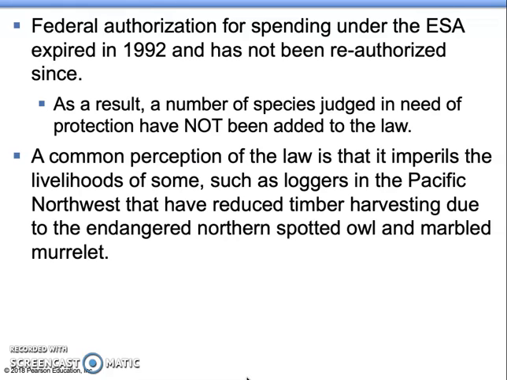It's this idea that you need to choose between wildlife or the economy. An example is in the Pacific Northwest, where timber harvesting in old forests was reduced due to the endangered northern spotted owl and marbled murrelet, which prevented some logging in that region.